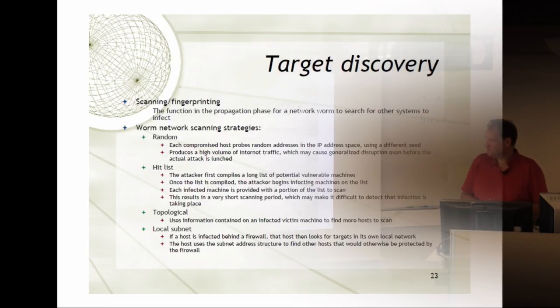To find these targets that it should try to spread to, a worm can have quite a lot of different ideas on how to do that, different strategies, as you see. It can do a random scan, so it just randomly checks for other IP addresses on the internet to try to connect to. It can have a hit list.